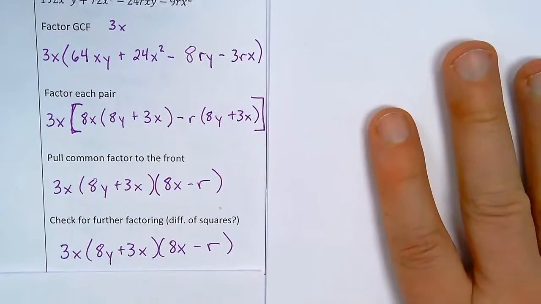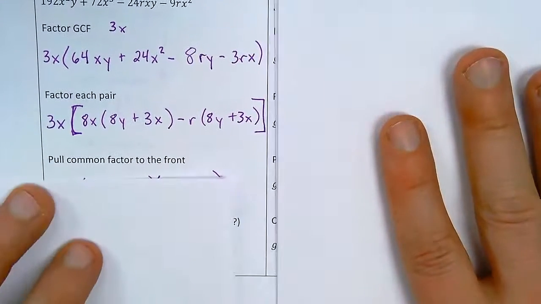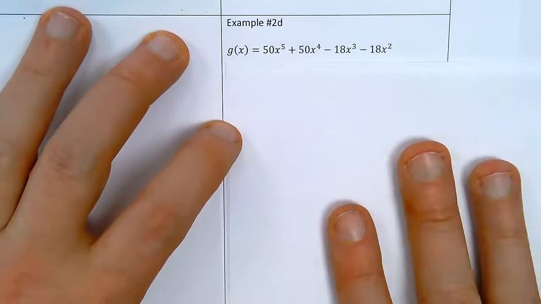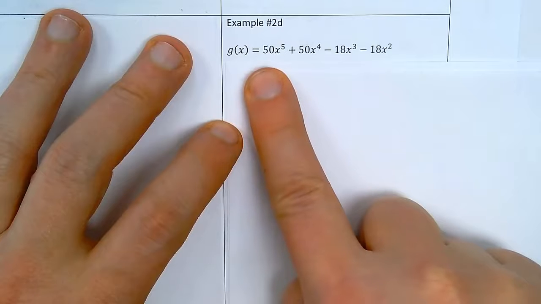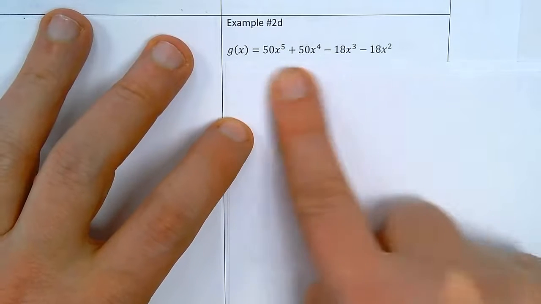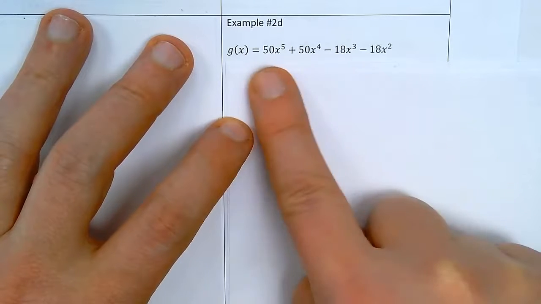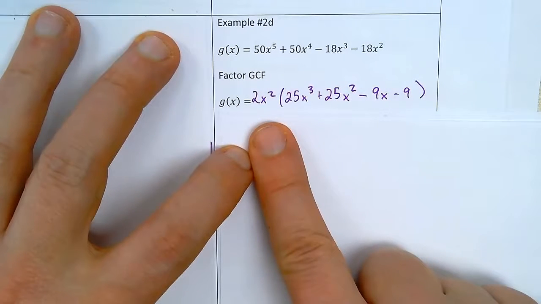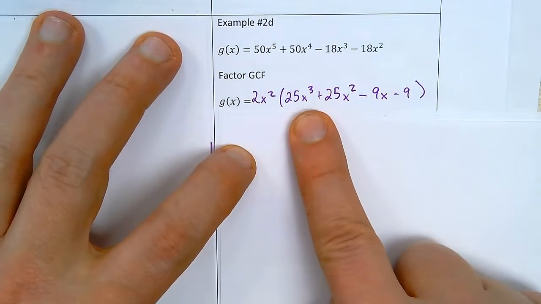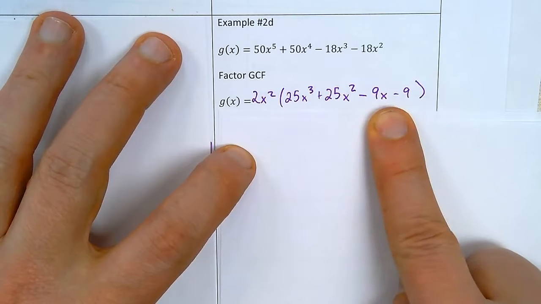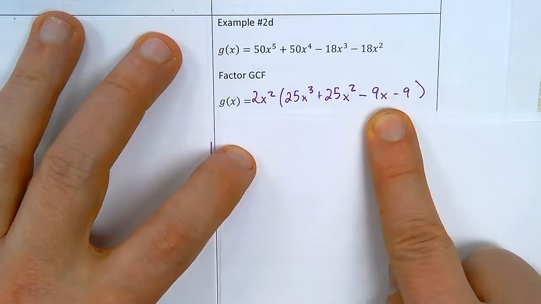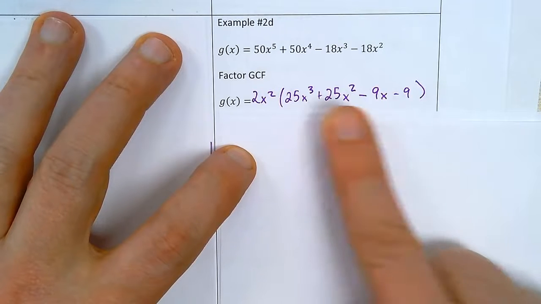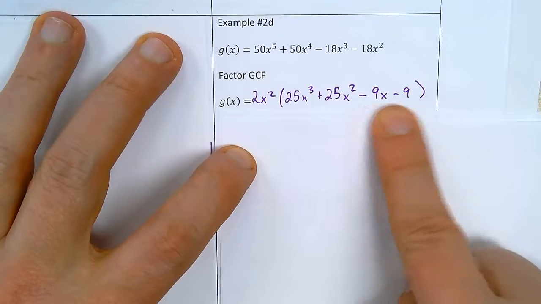Okay, and for the final one, we're going to dive back into something with only x's. Example 2d. All numbers are even, so they're all divisible by 2, and they all have x squared in it, so we're going to pull 2x squared to the front. 4-term polynomial. 25x squared comes out of the first two, and -9 comes out of the second pair.